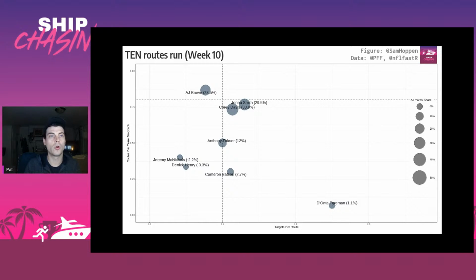Jones profiling as the poor man's Jacobs. Jacobs, just as Jacobs. But that's not what we were supposed to have here with Derrick Henry. We're supposed to have an elite running back, and for a while it really looked like he was. But the emergence of Deontay Foreman stealing enough work on top of Jeremy McNichols stealing 26% of the snaps, it's not ideal.